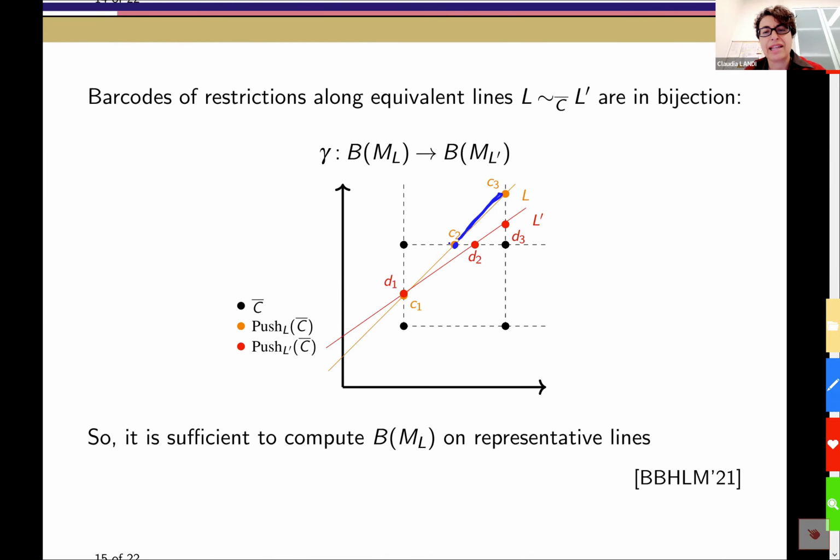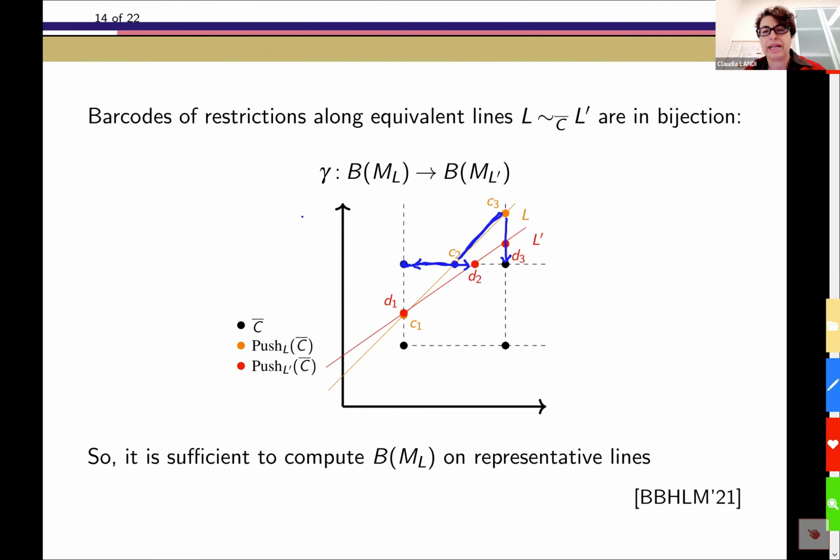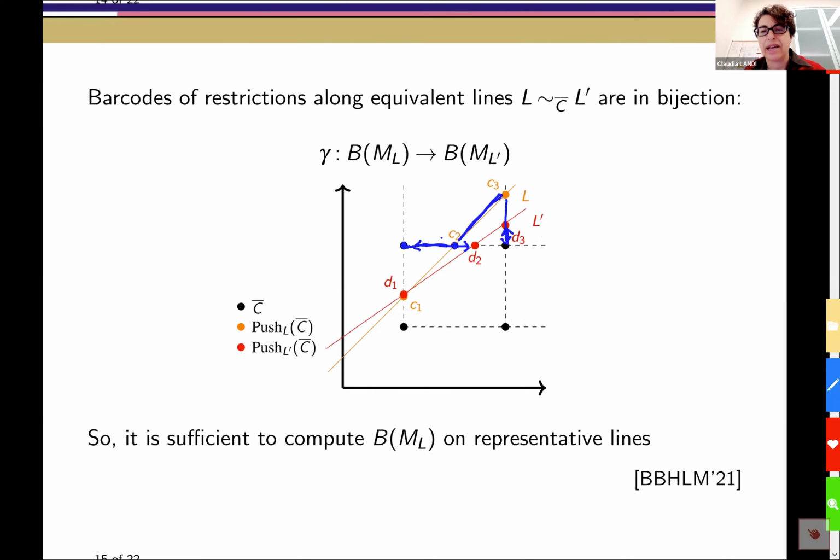For this endpoint, we first pull it to the greatest critical value before it, and then we push. So we pull it there and we push it back onto L prime. The same for C3. We pull it to the greatest critical value below C3, and then we push back here, and so we get these 2 points, and we know that the bar here is this one.